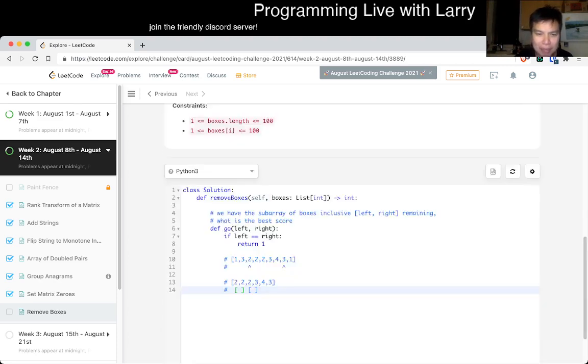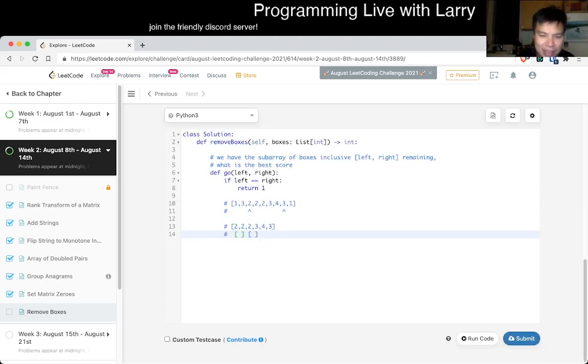Yeah, because the order doesn't matter. Let's say the optimal way to remove stuff is these three segments. What we're saying is, let's say the optimal way is to remove this chunk first, then we can remove this. Well, that's equivalent to just removing this first and then removing this, right?